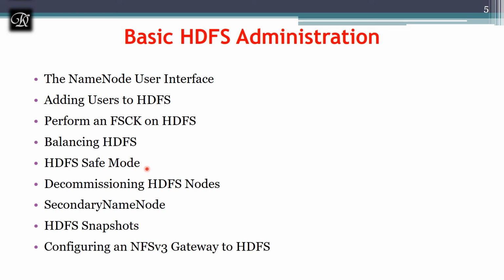This command will forcibly bring HDFS to safe mode by the admin. How to bring it back to the normal mode? For that, again hdfs dfsadmin -safemode leave. To enter we have used the enter option, and to leave we are going to use the leave option.